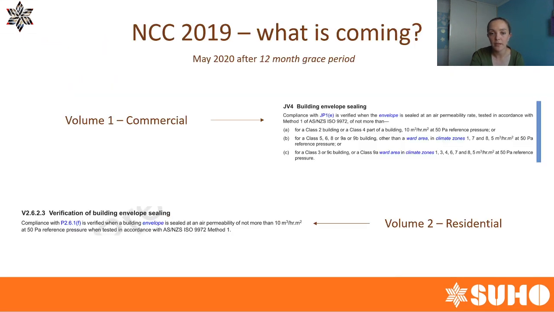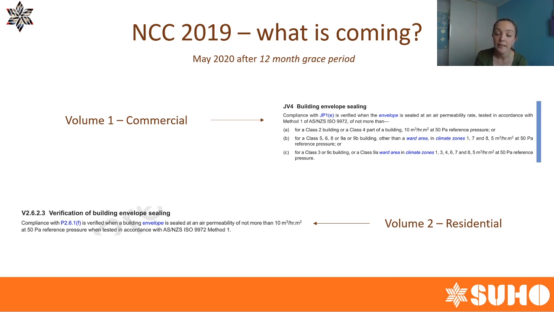I'll go back here. The results are worked out so the amount of air that it requires to create a pressure difference of 50 pascals is divided by either the building envelope area or the volume, and that's how you get your result. So I guess the moral of this story is the building code is using cubic meters per hour per square meter, which is referred to as the permeability of the building envelope.